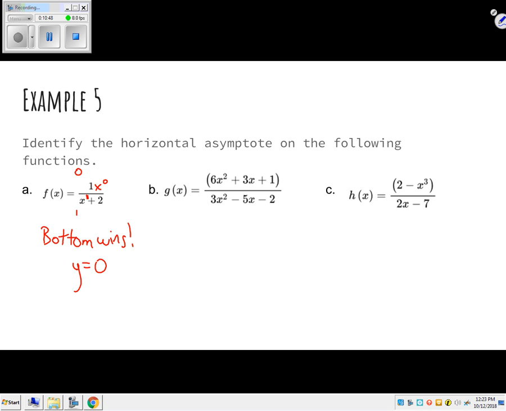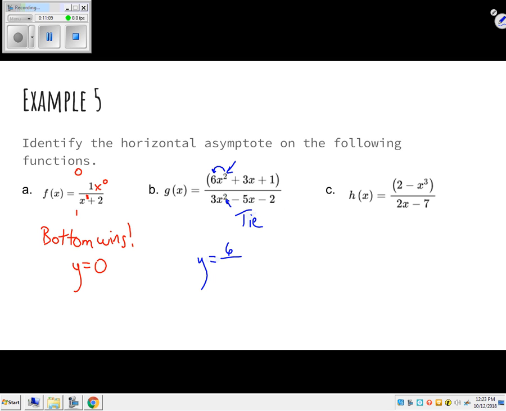All right, part B right here. Oh, we tied. They're both being raised to the second power, the tie. So here's where that ratio of leading coefficients is going to come in. Ratio of leading coefficients. Well, the leading coefficient, the number in front of the degree right here is a 6.